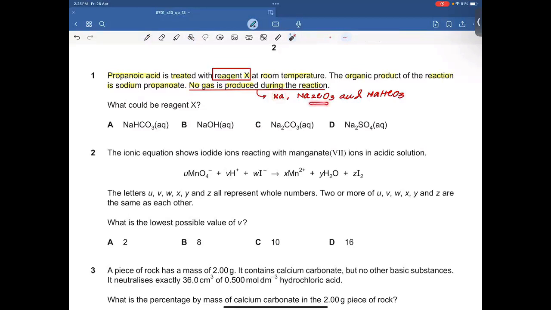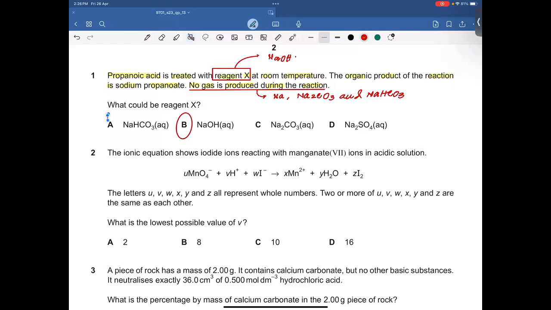When sodium carbonate or sodium hydrogen carbonate is used, obviously carbon dioxide gas is given off. Since no gas is produced, this reagent X must be an alkali, that means NaOH. All right, and which is why the right answer is B.